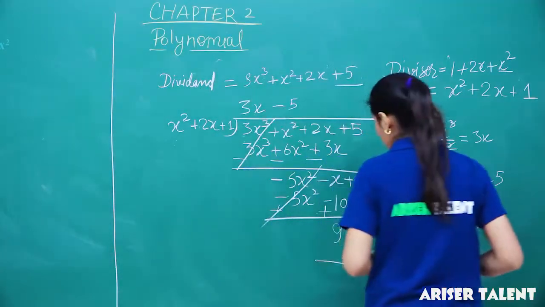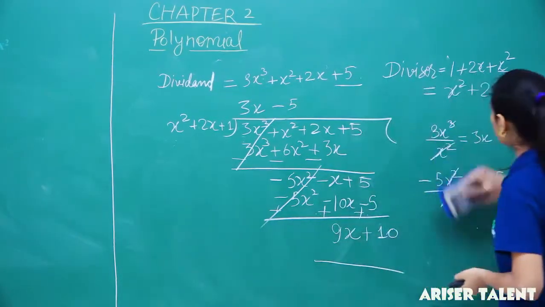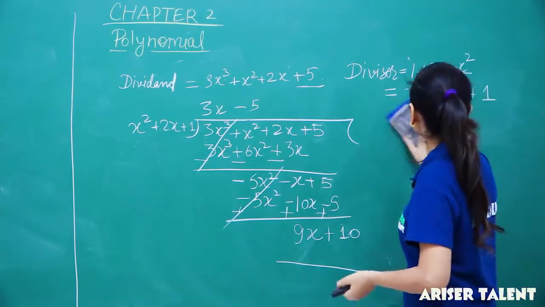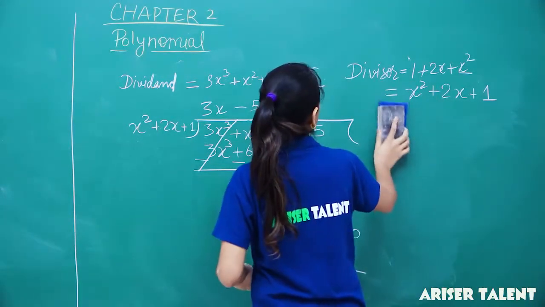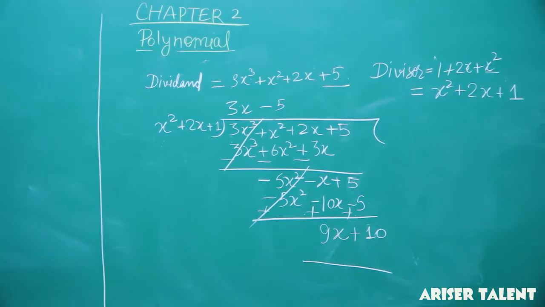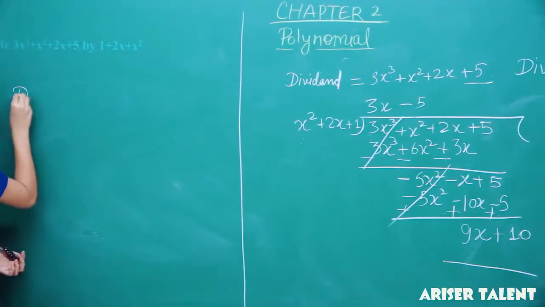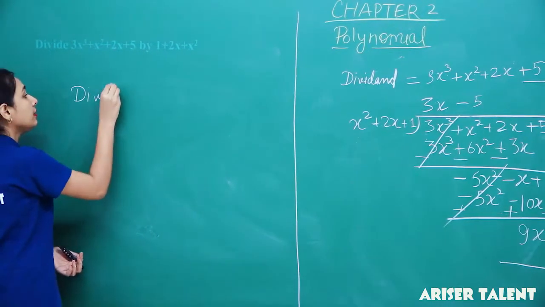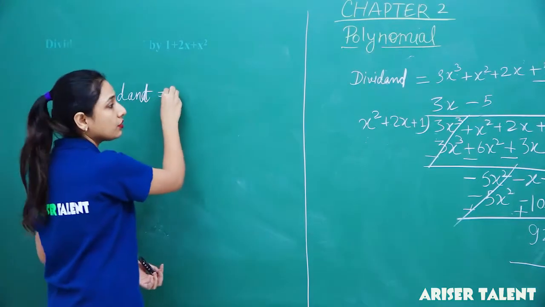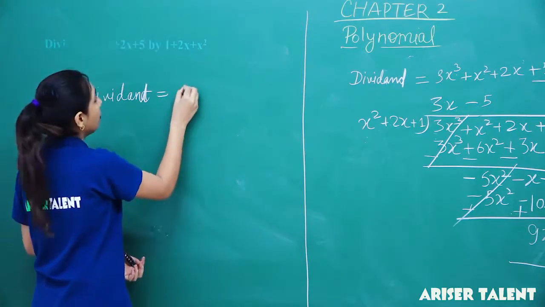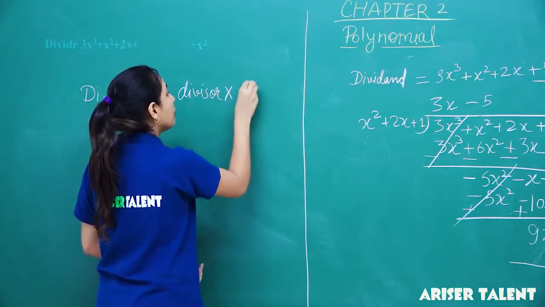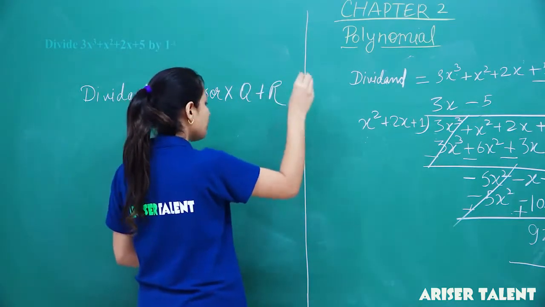Okay, so I am rubbing this part, note it. So come here now, this dividend should be equal to your divisor multiplied by your quotient plus remainder.